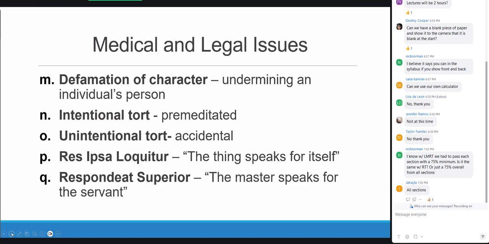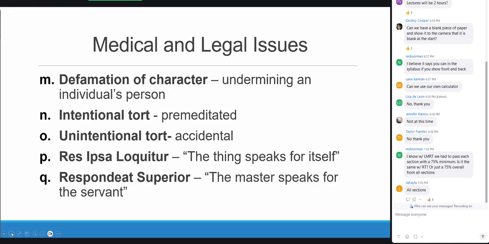You don't hear about the hourly wage earner being sued for hundreds of thousands or millions of dollars. It's typically going to be the owner of the facility or the corporation that owns the hospital, right?